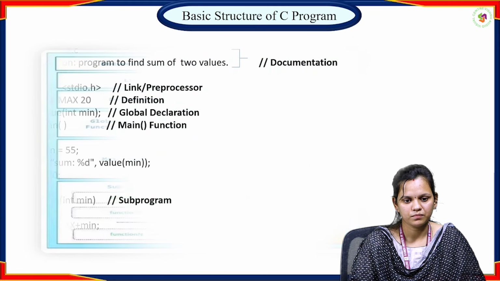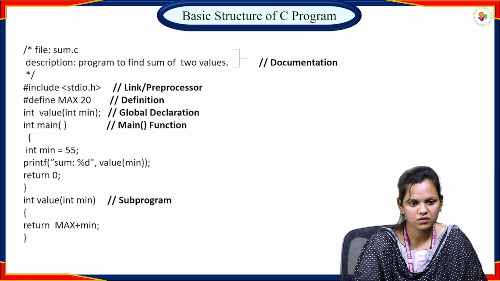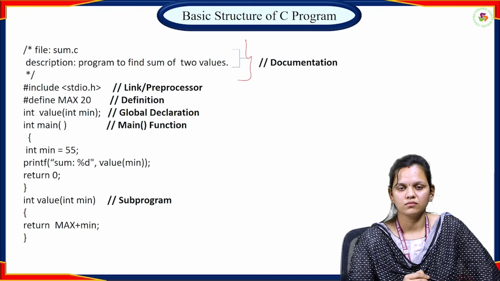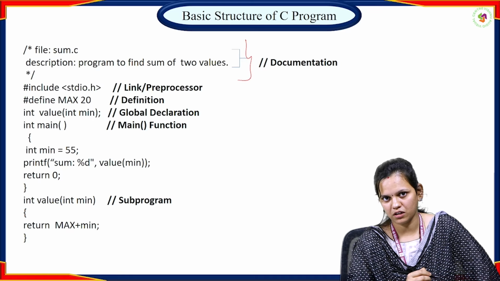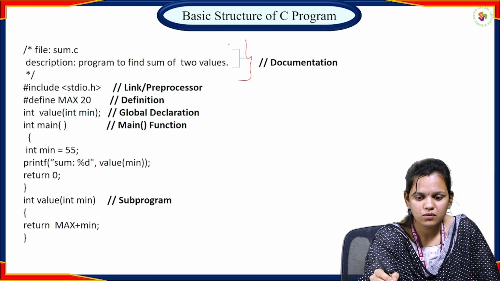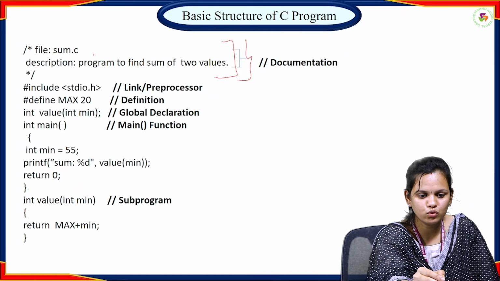So let us see an example using all the sections. Suppose, as I said, the first part is the documentation section. As I said, it is a suggested one, as we have two lines here.